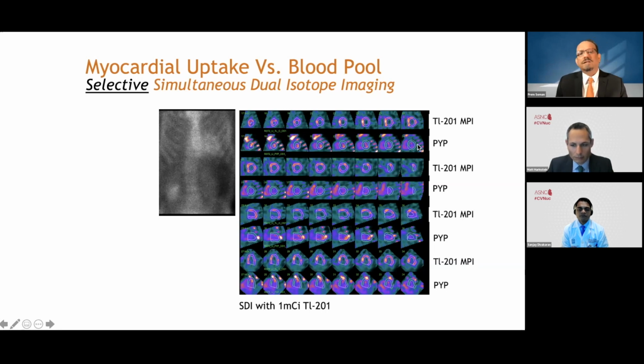In fact, in our series of a number of patients, we found that the application of the dual isotope technology completely eliminated equivocal scans in our lab. And unfortunately, soon after we implemented this, thallium, as you know, is now not available, so we can't do this. Now, this application of 1 millicurie of thallium increases the radiation dose by about 7 to 10 millicuries, if I remember correctly.